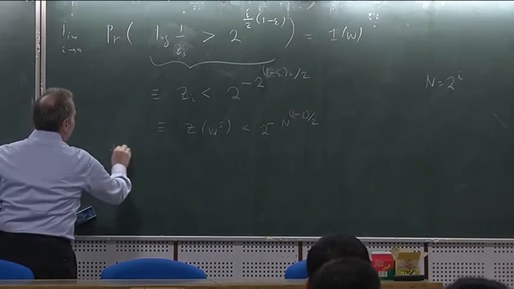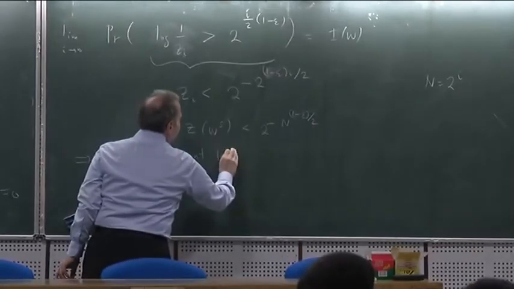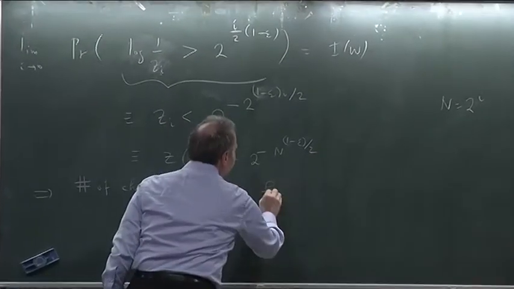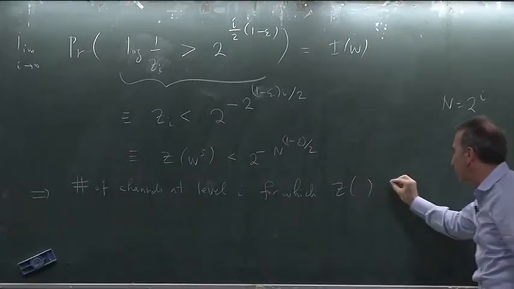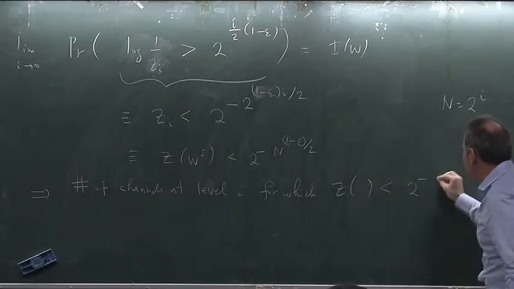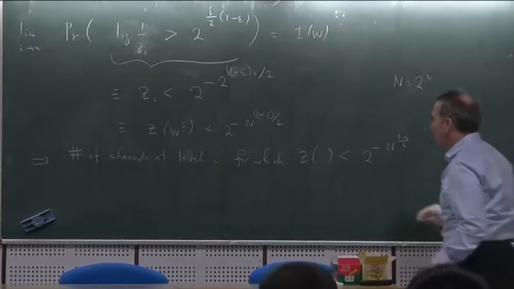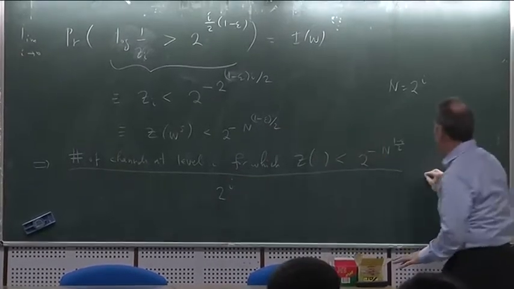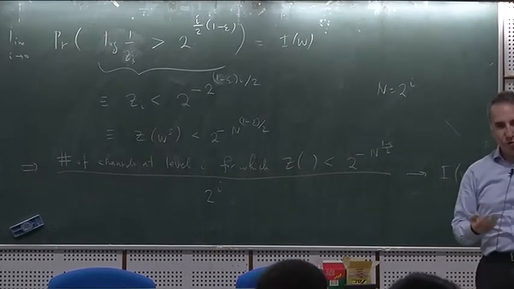If I count the number of channels at level I, namely after I polarization steps, for which the Z of these channels is less than 2 to the minus n to the 1 minus epsilon over 2, essentially square root of n, and if I divide this by the total number of channels, this is getting close to I(W) as I gets large.